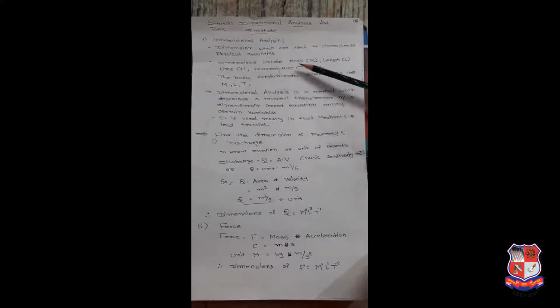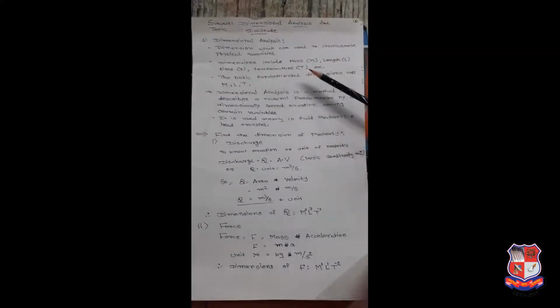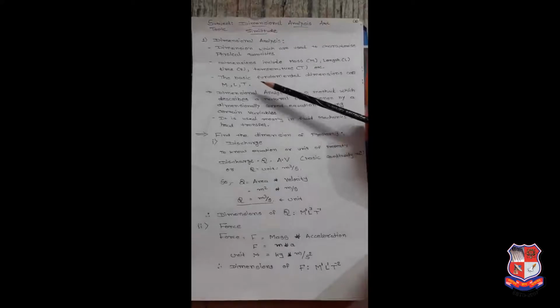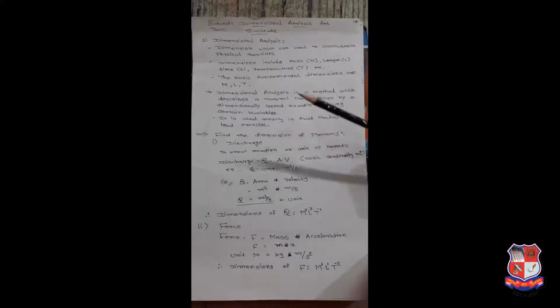Dimensions include mass, length, time, temperature, etc. The basic fundamental dimensions are M, L, T. Dimensional analysis is a method which describes a natural phenomenon by a dimensionally correct equation among certain variables. Dimensional analysis is used mostly in fluid mechanics and heat transfer. Let's find out the dimension of a few properties.